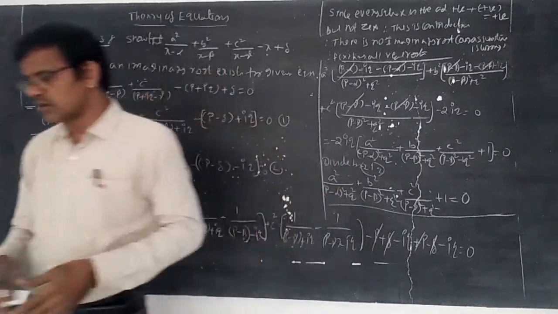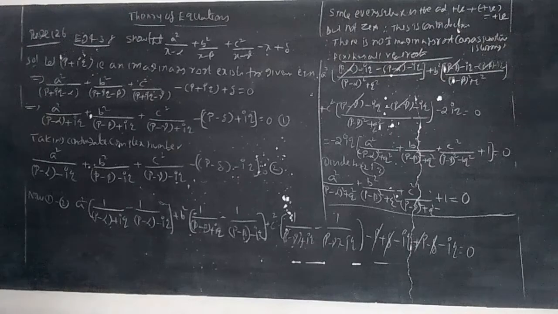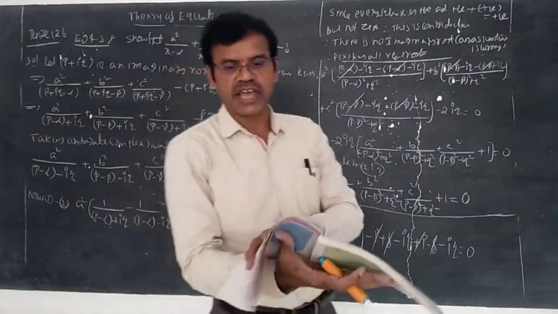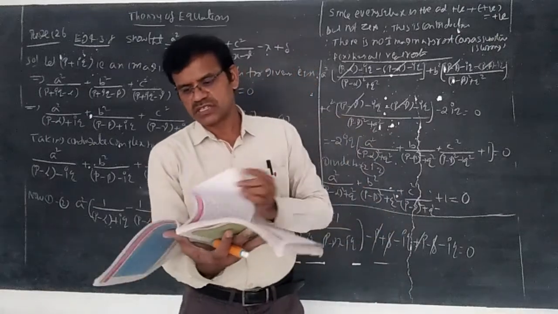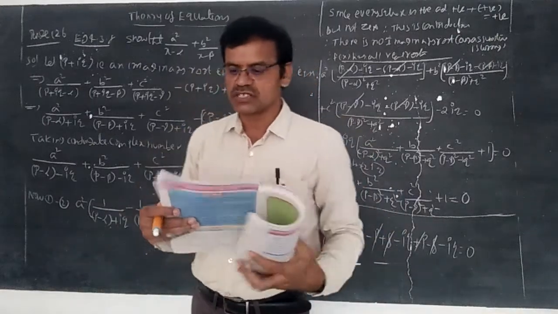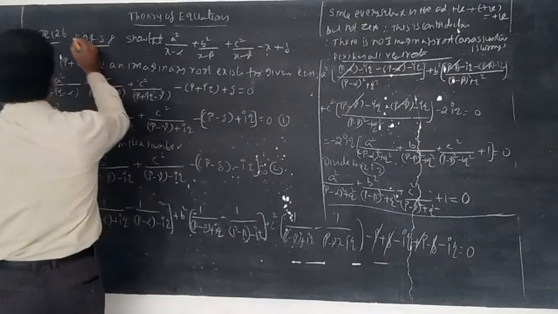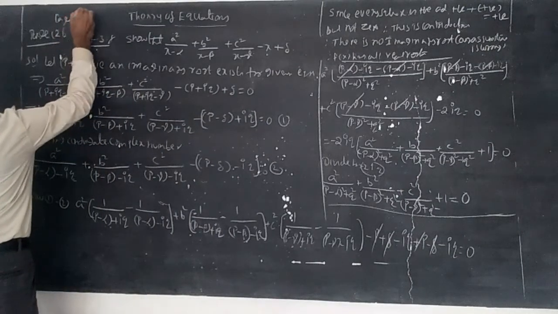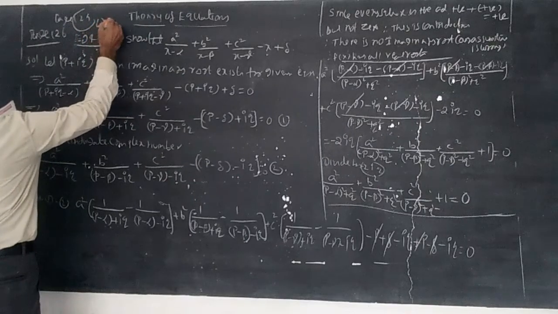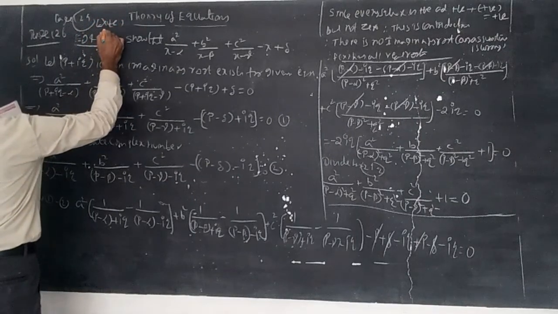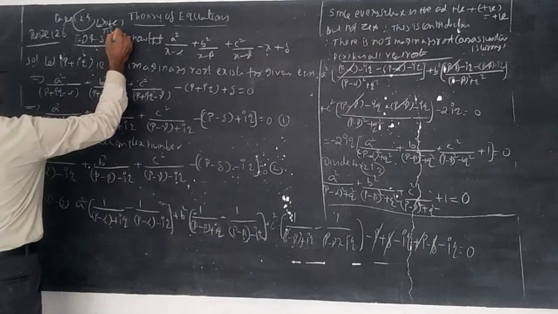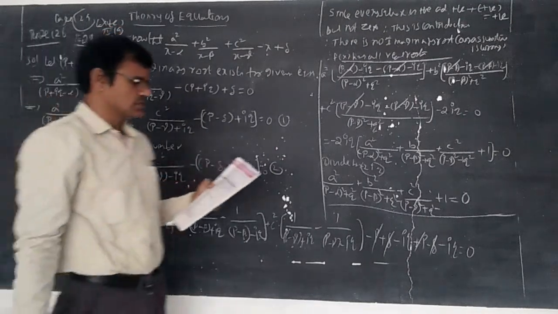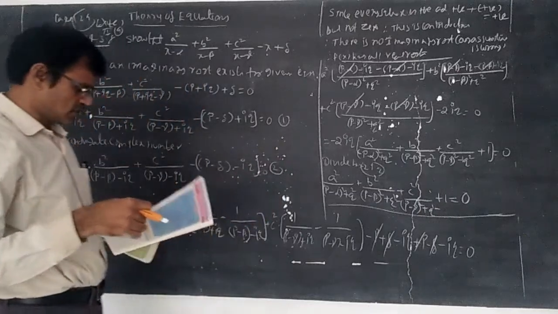Now you can understand that another question's answer we also got in exercise 4C. The same question, 9th question, page 129, exercise 4C. This is the same question, no need to do the sum again. This answer is that answer.